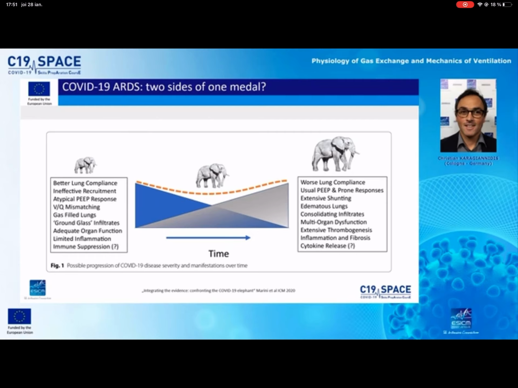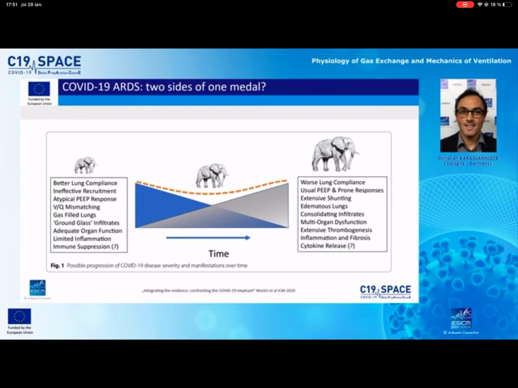To my mind, this is more or less the same disease we have observed for several years, for example, in flu patients, but the difference is that the COVID-19 patients have a better lung compliance in the beginning, that they sometimes do not really respond to PEEP, and that they have more ground glass infiltrates without having capillary leak. But over time, they may behave in the same way as a patient with a more conventional ARDS as we observed before.